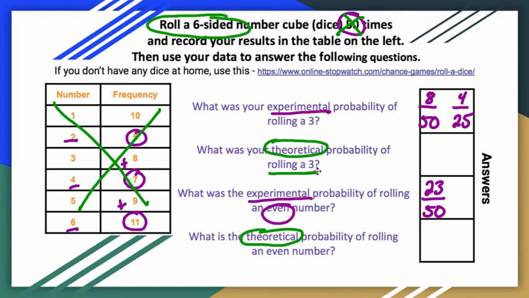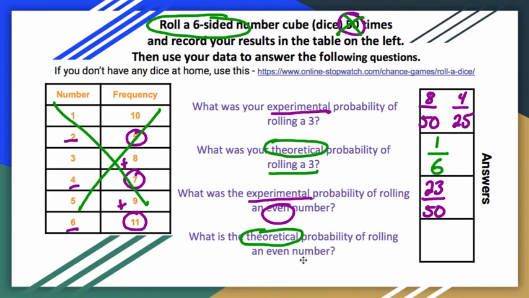So ask yourself, how many ways can I roll a 3 on a regular die? Well, there's only one 3 on there. My denominator is not 50. My denominator is how many different things could I roll? Well, it's a 6-sided die, so I could roll it 6 different ways. So I have a 1 out of 6 chance of rolling a 3.